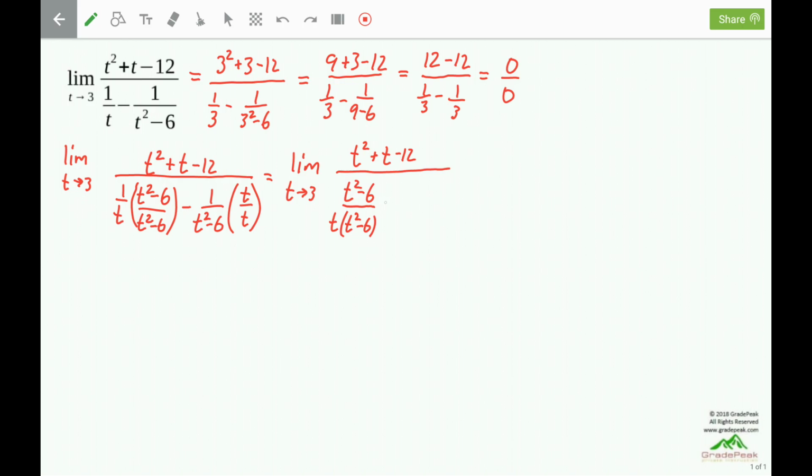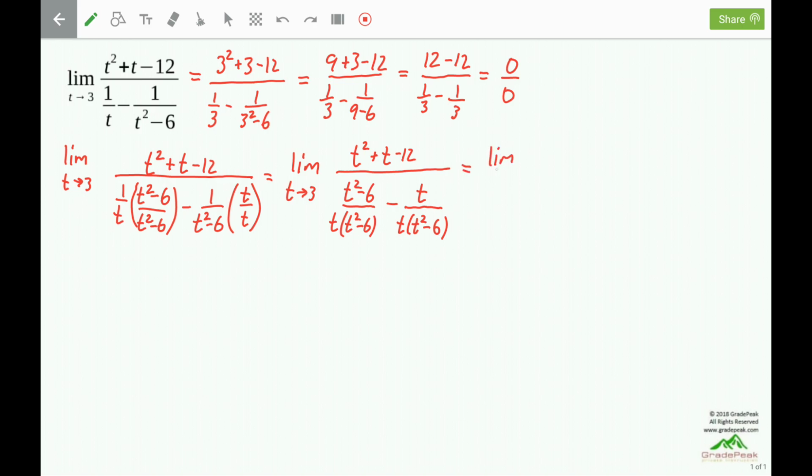It's important to distribute and FOIL out numerators because they're going to combine when these fractions combine, but the denominators just stay common, so we don't need to actually FOIL or distribute or anything like that. The second fraction is going to have a 1 times t in the numerator, which is just a t, and t times t squared minus 6, the common denominator.